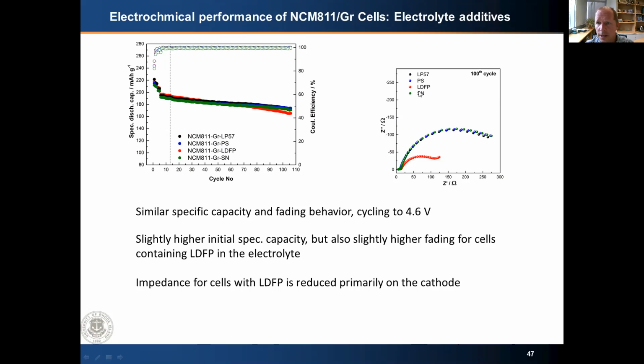However, in the case of the lithium difluorophosphate, we see a very low impedance. However, we see fairly similar impedances for the propane sultone, the standard electrolyte formulation, and the succinonitrile. So while we have slightly higher initial specific capacity, there is really comparable capacity fading. The only real difference we see here from the electrochemical cycling is that the lithium difluorophosphate reduces the impedance on the cathode.